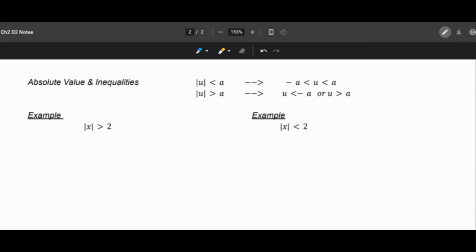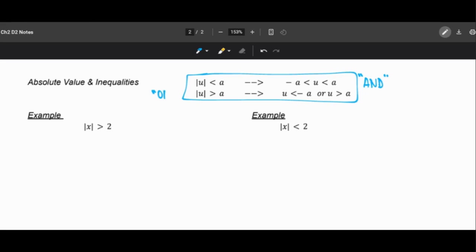So a couple things to know is up at the top, we have our rules about if we have an absolute value less than a number, it's actually going to be in between. So we call this the and situation, where we have u is less than a and it's also greater than negative a. For the second one, we have absolute value of u is greater than a.